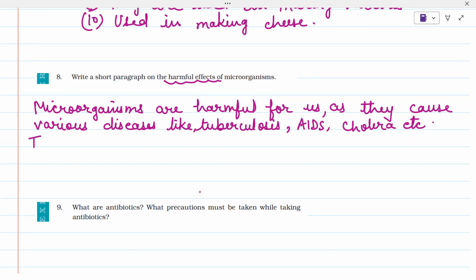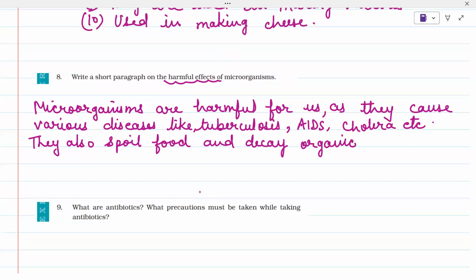They also spoil food, right? And decay organic matter. So, decaying of organic matter at times is useful and at times it is harmful for us as well, right?